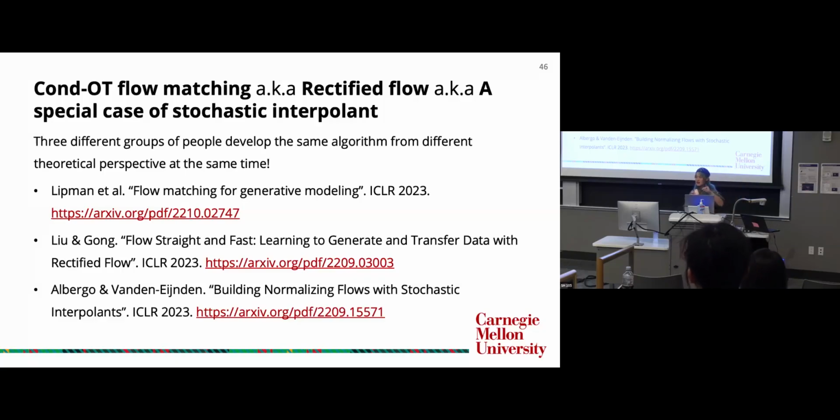The second group, I believe, is from UT Austin, and the third group is from NYU. They all derived the same algorithm from different theoretical perspectives, all submitted to the same conference, and all got in. This is a beautiful moment of science where ideas converge from different starting points. With flow matching, everyone goes to the same point. Pretty magical.